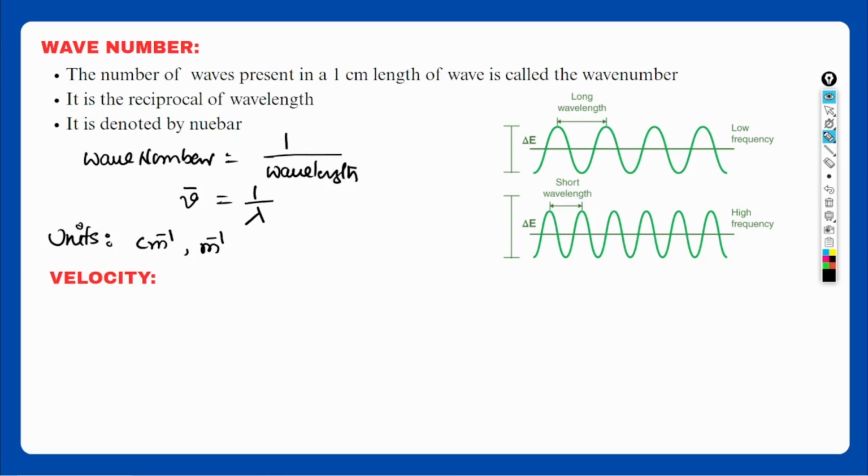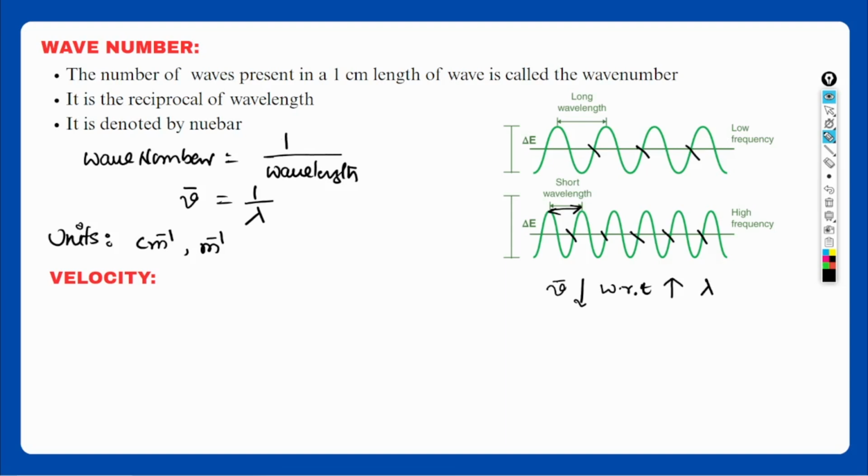It has a large wavelength, so fewer waves are present in the unit length, 1, 2, 3. If the wavelength is very short, then the number of waves increases, 1, 2, 3, 4, 5 and so on. So wavelength and wave number are inversely proportional. Wave number nu bar decreases with an increase in wavelength lambda. I hope you all understand, right?